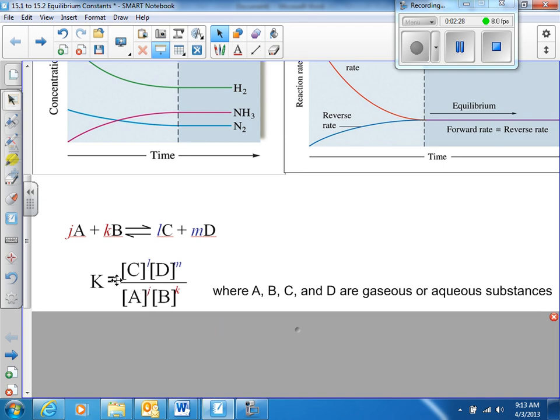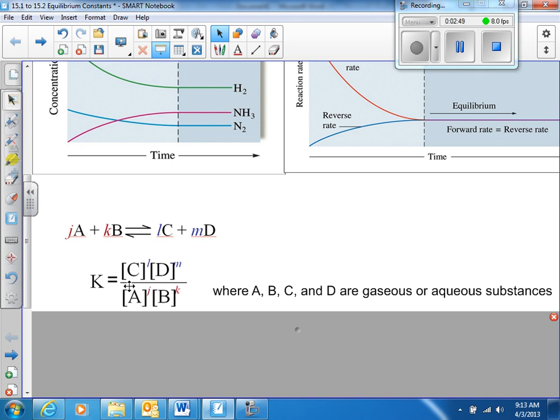The equilibrium expression is very easy. You take the products and you raise them to the power of their coefficients. So notice C would be raised to the L power, D would be raised to the M power right here. And we have products divided by reactants. So K is always products over reactants.